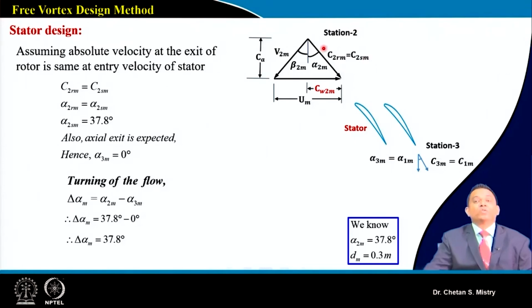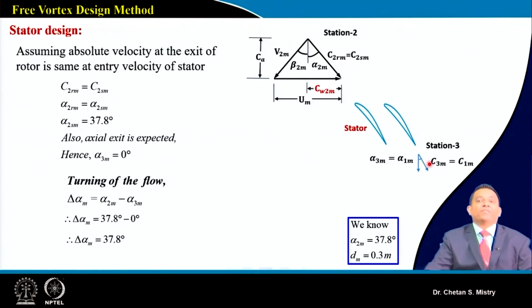The absolute flow angle alpha 2 coming from the rotor and going to my stator will be the same. So alpha 2 at the entry of my stator is 37.8.